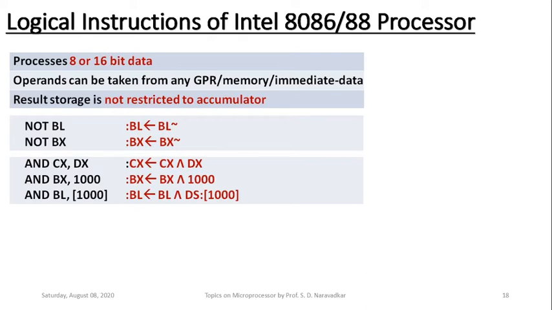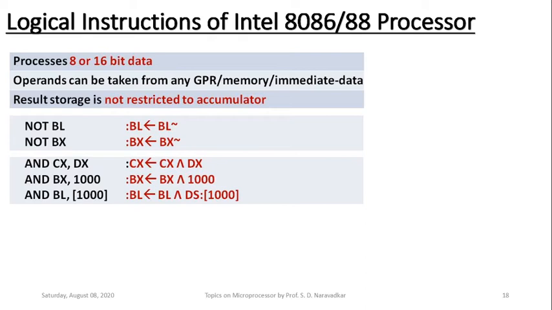The first instruction is AND CX, DX, where both operands are taken from general purpose registers. One is taken from the CX register and the second from the DX register. A bit by bit AND operation is performed between these two register contents and the result will be copied to the CX register, because CX is in the place of destination.